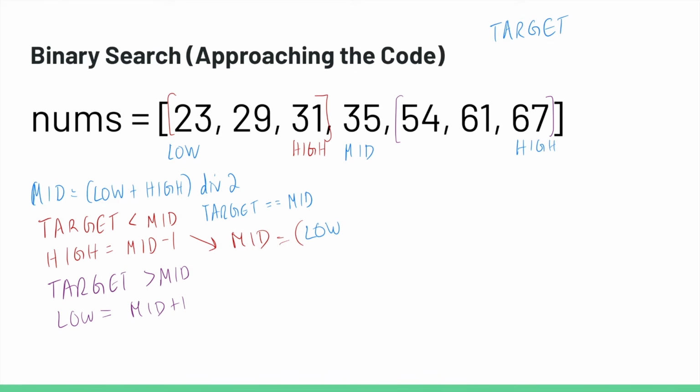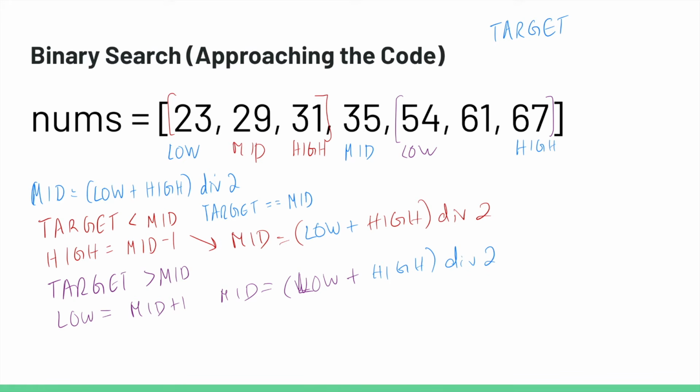So it'd be low plus high div 2. And basically in that case, then we'd have mid right here. And if the target was greater than mid, then mid is going to be equal to, I'll go ahead and write that here, the new low plus the old high, divided by 2, or div 2.